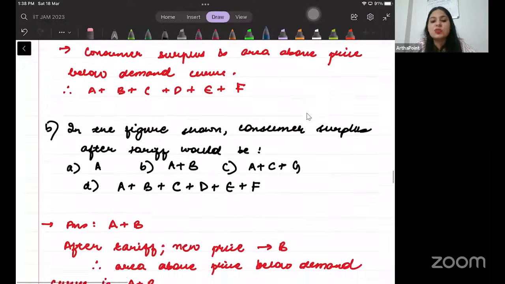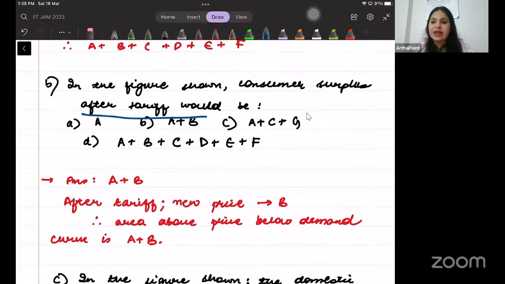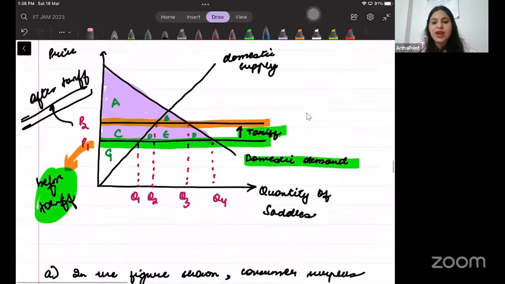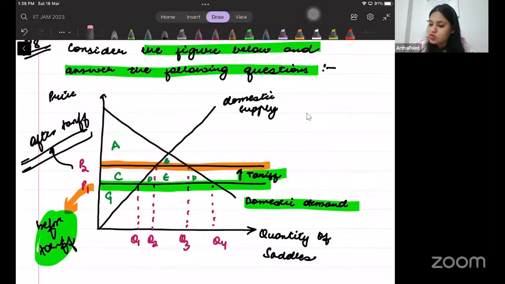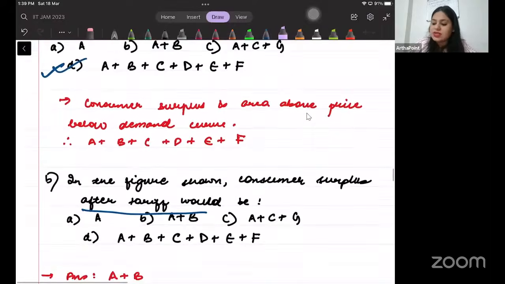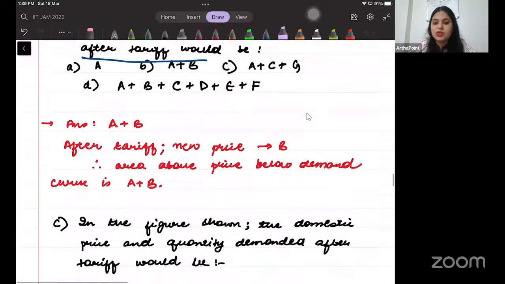Now come to the next one. It says consumer surplus after tariff would be. So go back. After tariff, the price is P2. So it is going to be below the demand curve, above the price. That means A and B. So the answer is going to be A plus B. Come to the next one.